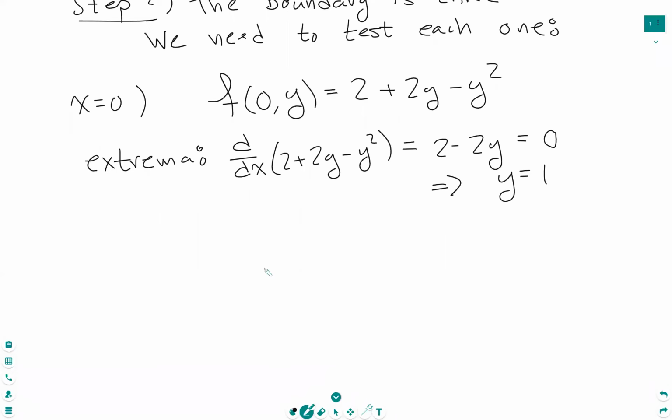I'm going to test that point, which is x equal to 0, y equal to 1. This is equal to 3. Oh, I wrote dx, sorry, it should be dy.